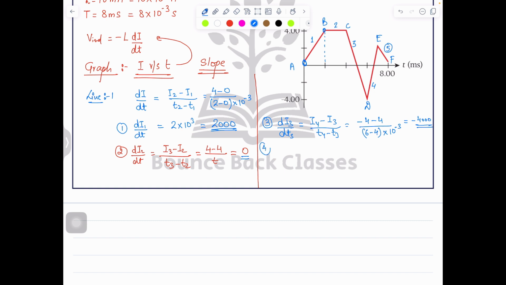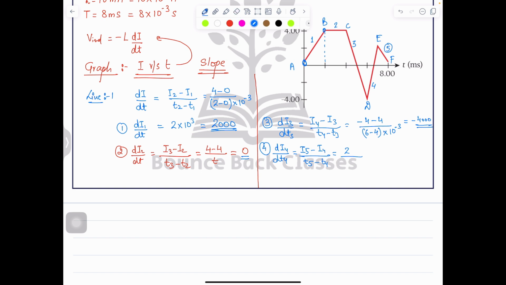Similarly, line number 4, di4 divided by dt4, which is equal to I5 minus I4 divided by T5 minus T4. Place the value. So what should be the value? So it goes up. So 2 minus 4 divided by, and 2 minus, it should be double minus.